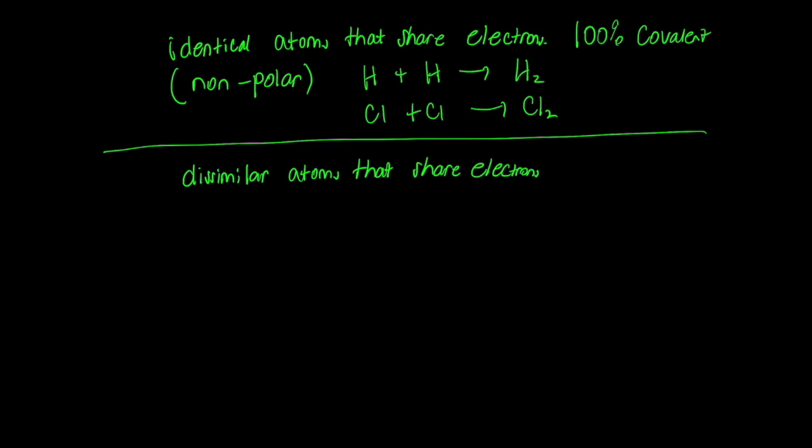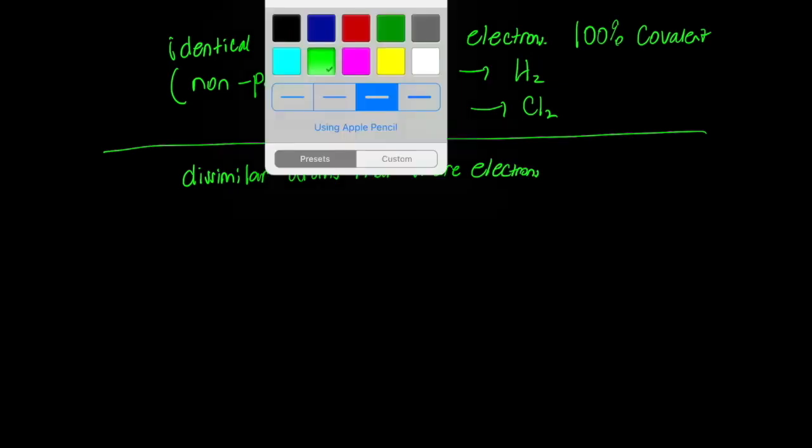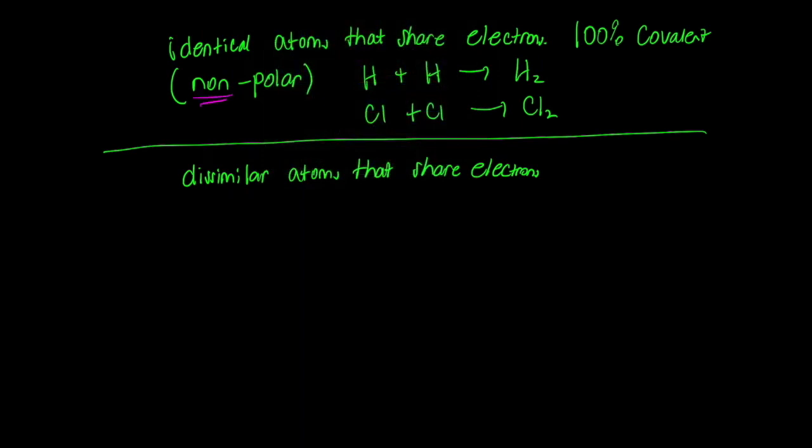But it's called a polar bond. So this is the key word here. Nonpolar up above, and this is called polar, okay? It's still a covalent bond because electrons are shared, okay? Whenever you have sharing of electrons, it's called covalent, but they're unequally shared, so it's a polar covalent bond, okay?